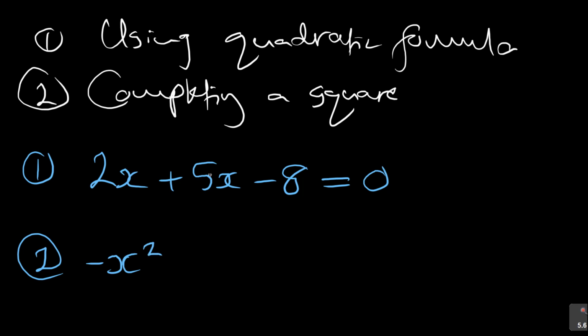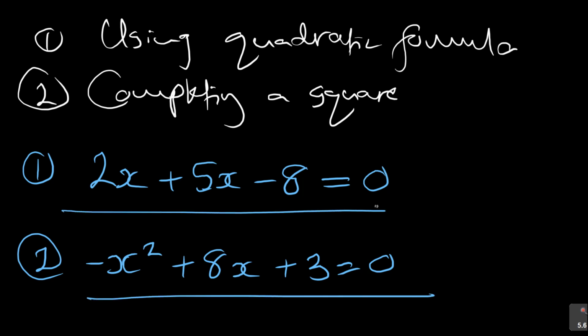If you get an error on it, sometimes don't stress, because I'm just getting this from my head. It's negative x squared, let's say plus 8x, and then let's say plus 3 is equal to 0. I hope it will solve. Okay, go and try this.